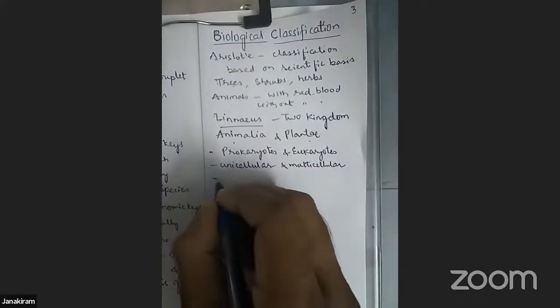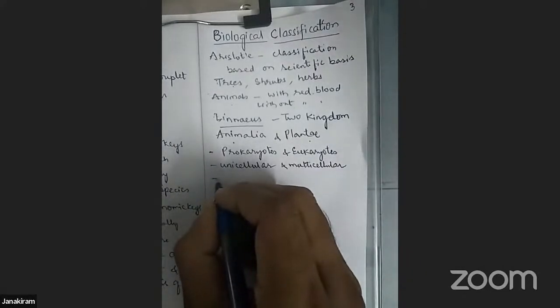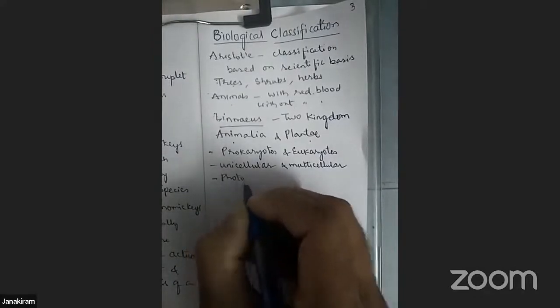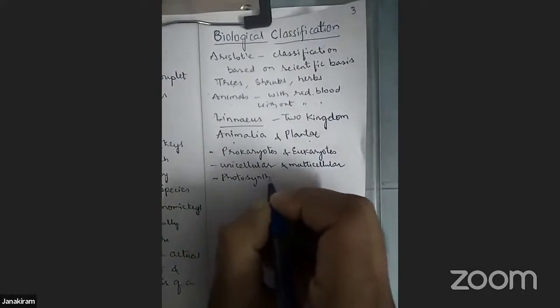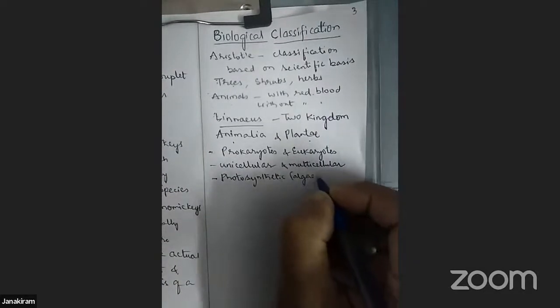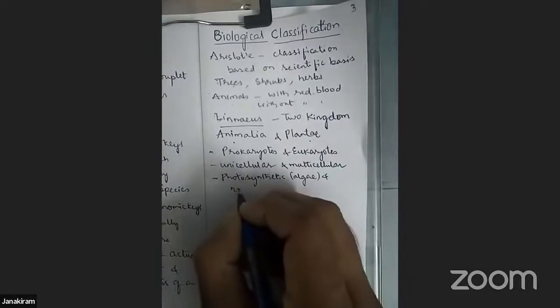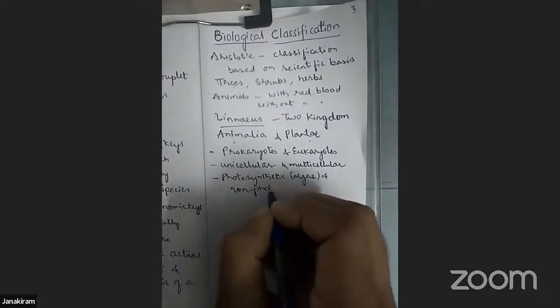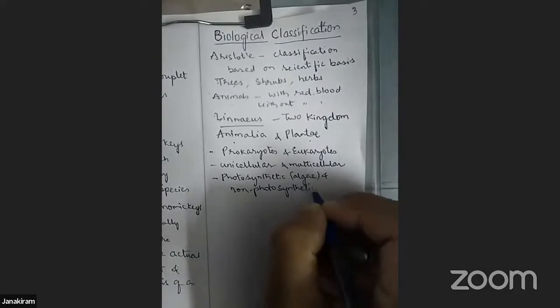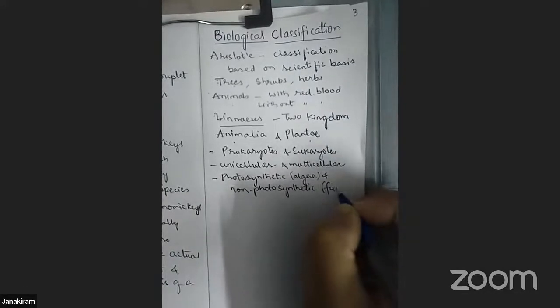In the same way, unicellular and multicellular organisms were kept together. He also could not differentiate photosynthetic from non-photosynthetic organisms. The best example considered at that time was algae, so some photosynthetic organisms were kept along with non-photosynthetic organisms.